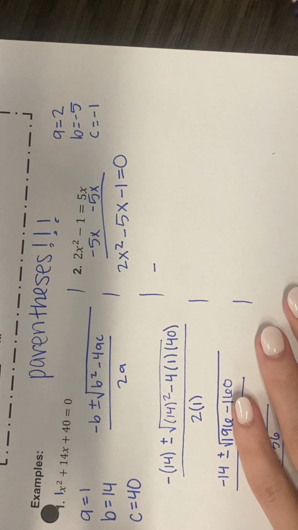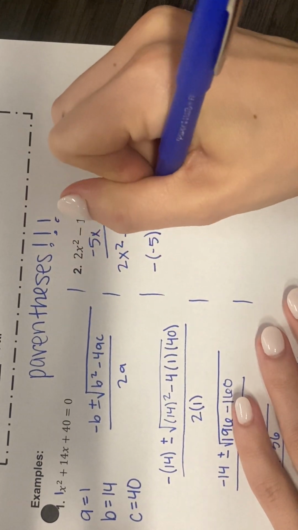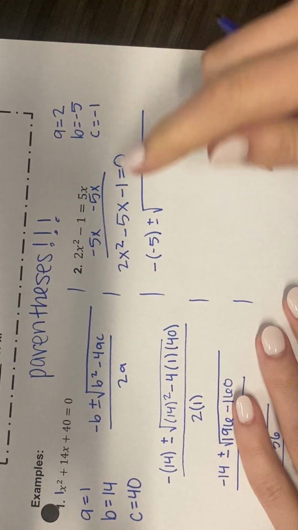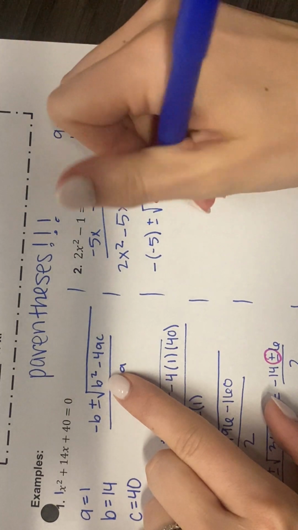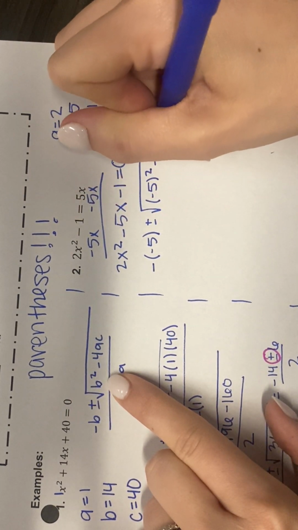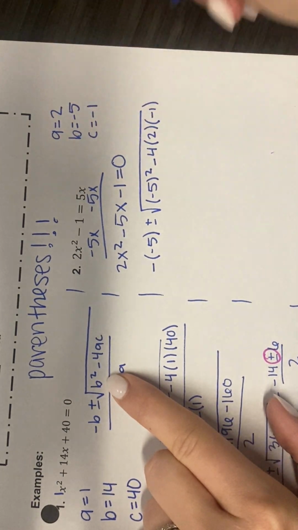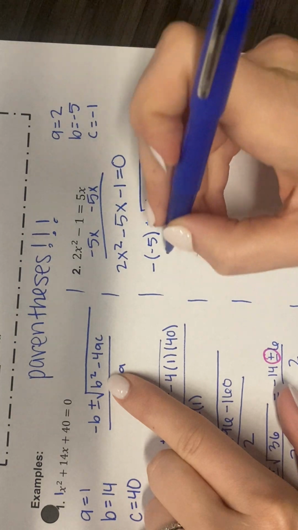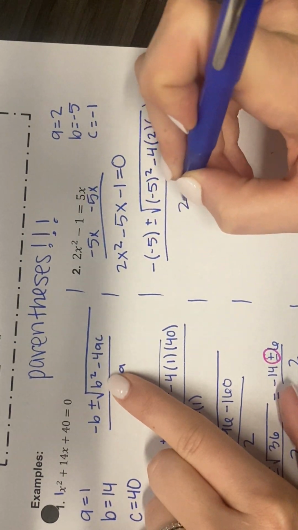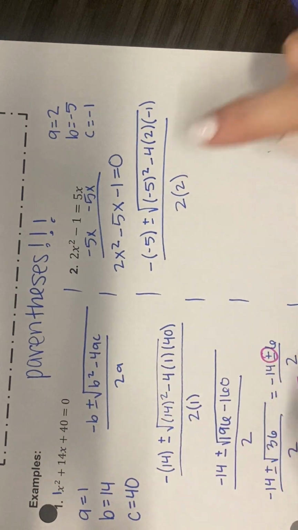So negative parentheses negative 5 plus or minus the square root of b squared, so parentheses negative 5 squared, minus 4, my a is 2, and my c is a negative 1, all over 2 times 2, because this 2 is a, so 2a.